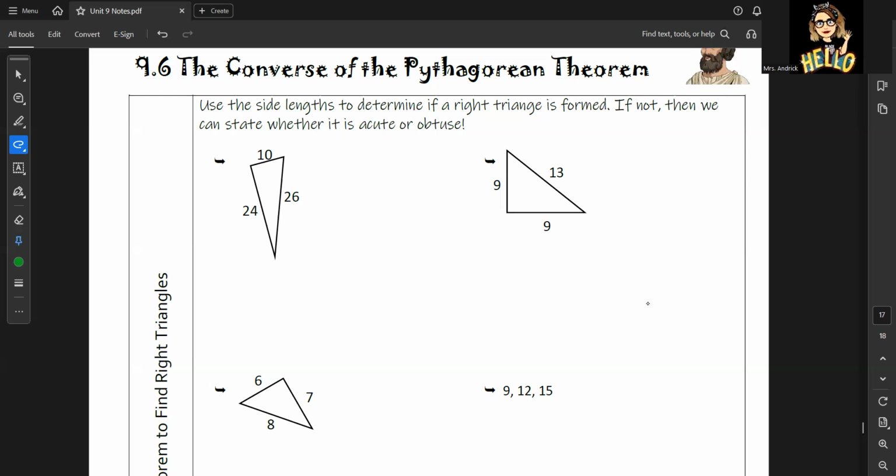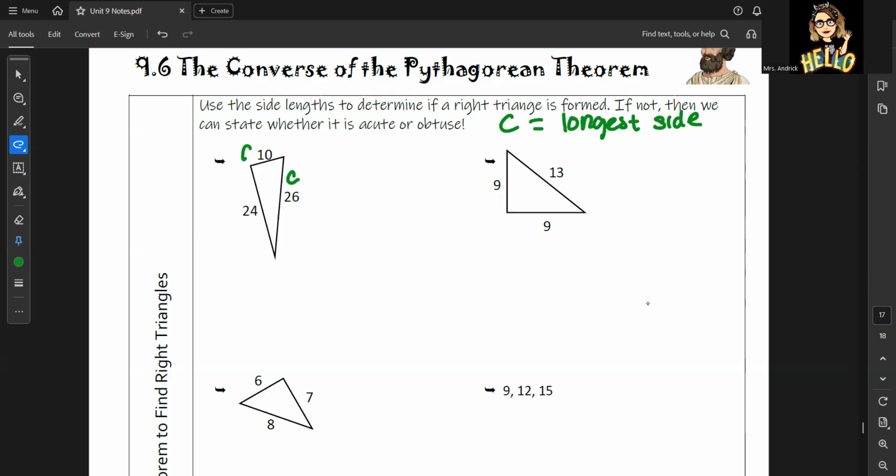So let's see. The hypotenuse, remember, C is the longest side or number. So we're going to designate, even if it doesn't look like a right triangle or doesn't show the triangle, we're just going to designate C as the longest side.